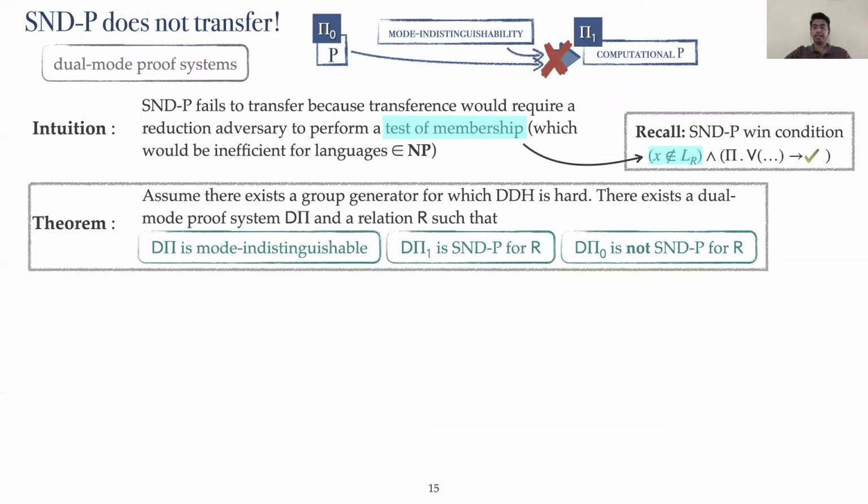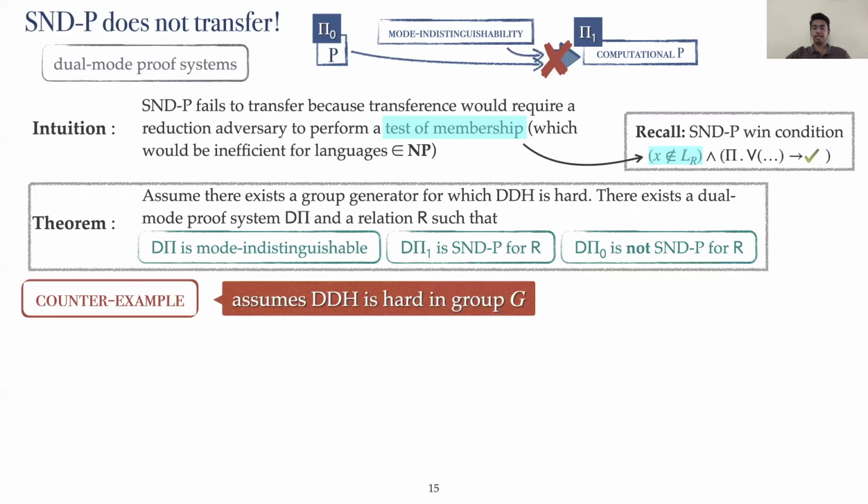We show that there exists a dual mode proof system dpi and a relation R such that dpi is mode indistinguishable and one induced mode of dpi is SNDP for the relation, but the other induced mode for dpi is not SNDP for the relation. We show this by means of an explicit counterexample that is again based on the hardness of the decisional Diffie-Hellman assumption.